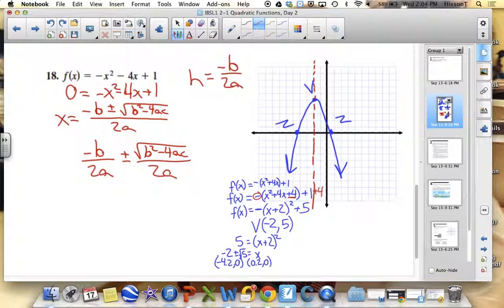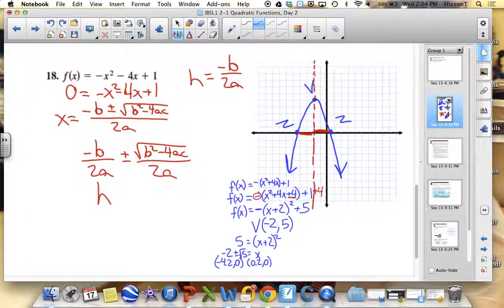But notice, this is my h. This is how far away from my axis of symmetry each of my zeros is. So here's h, this is the negative b over 2a. This side, this distance is the plus or minus square root of b squared minus 4ac all over 2a.